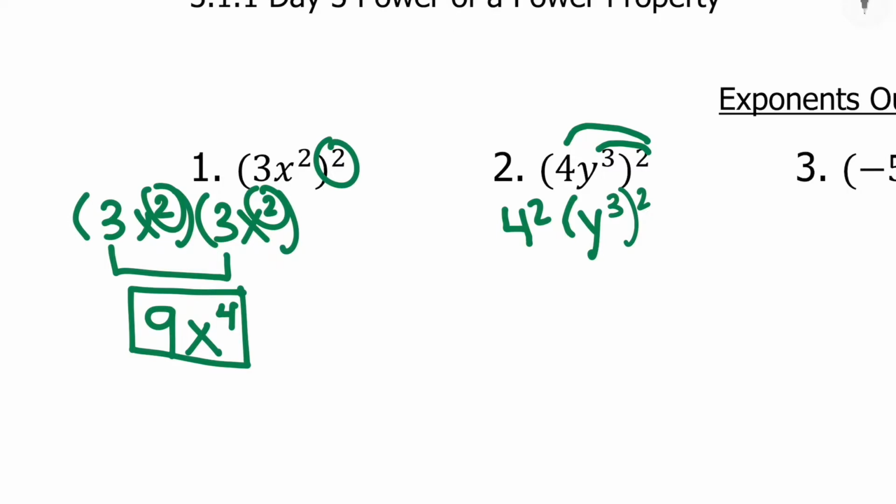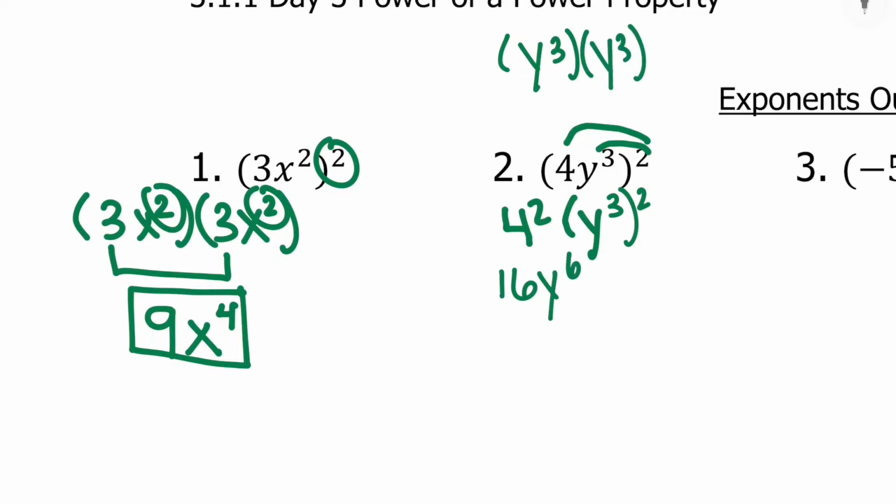So 3 times 3 is 3 squared. x squared times x squared is x squared squared. So 4 squared is 16, because 4 times 4 is 16. And then y cubed squared is like doing y cubed cubed, so that would be y to the 6th.